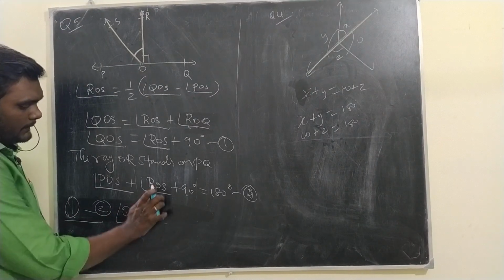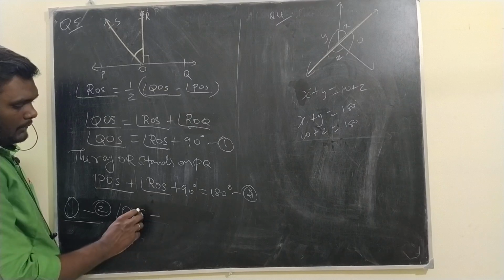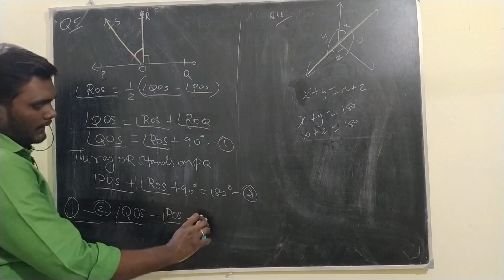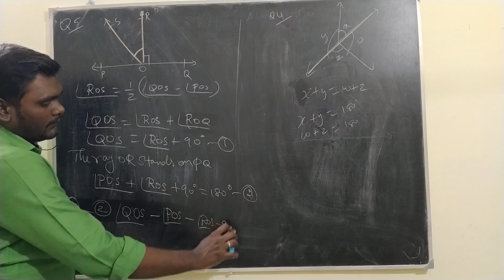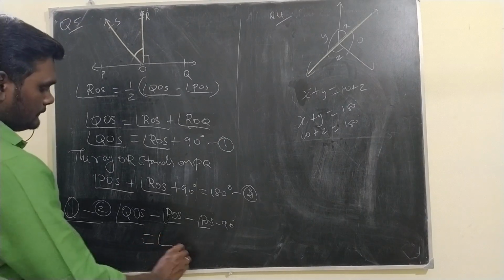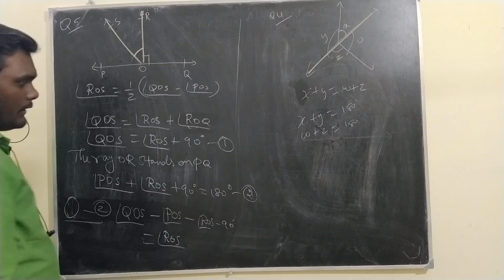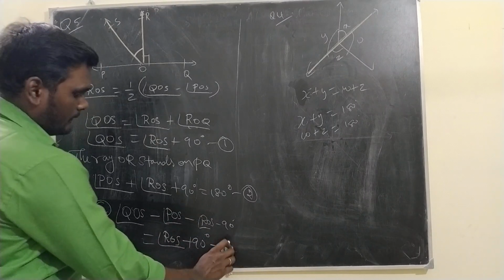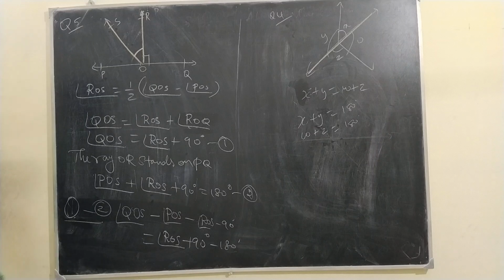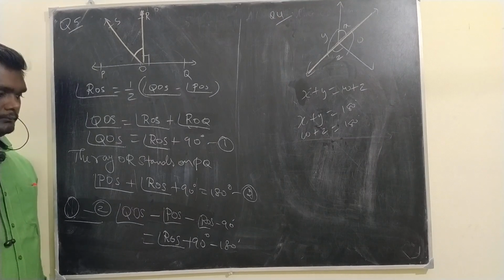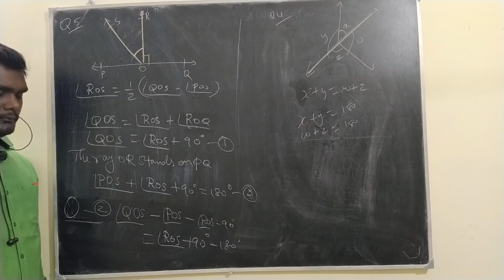Angle QOS minus angle POS minus angle ROS minus 90 degree equals ROS plus 90 degree minus 180 degree. Am I right?